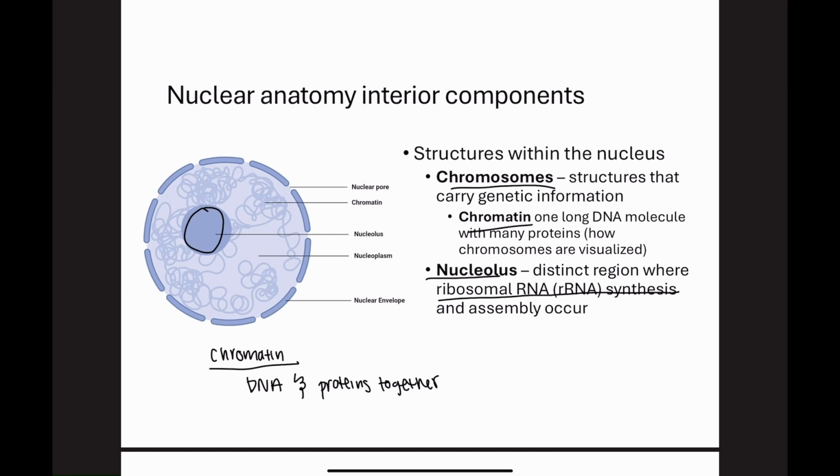Once assembled, we're going to get ribosomal subunits that are going to exit the nucleus through the pores, and they're going to participate in protein synthesis inside of the cytoplasm. So these interior structures are going to ensure that genetic material is stored, organized, and processed efficiently within the nucleus.